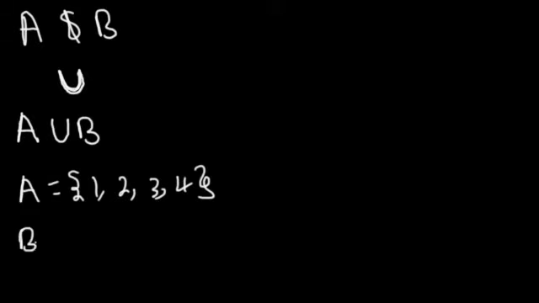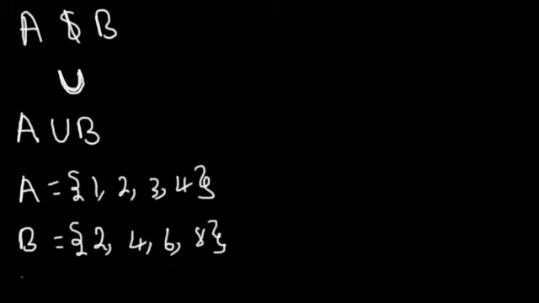So let's say A is a set and it includes elements 1, 2, 3, 4. Now let's say B is also a set and it includes elements 2, 4, 6, 8.